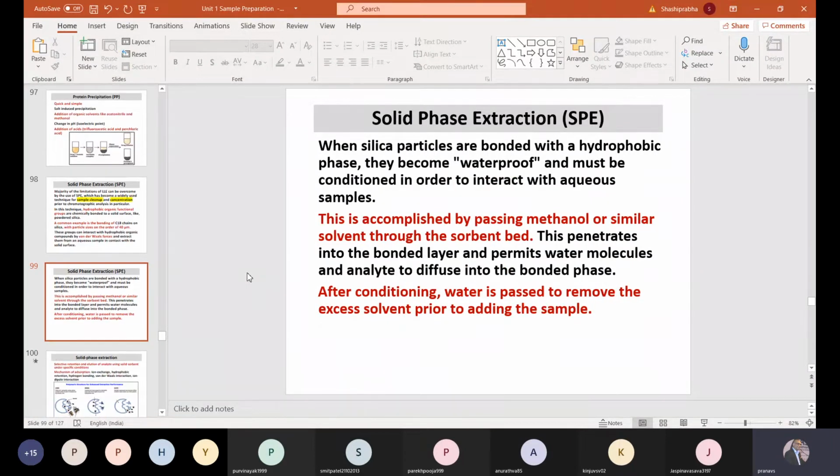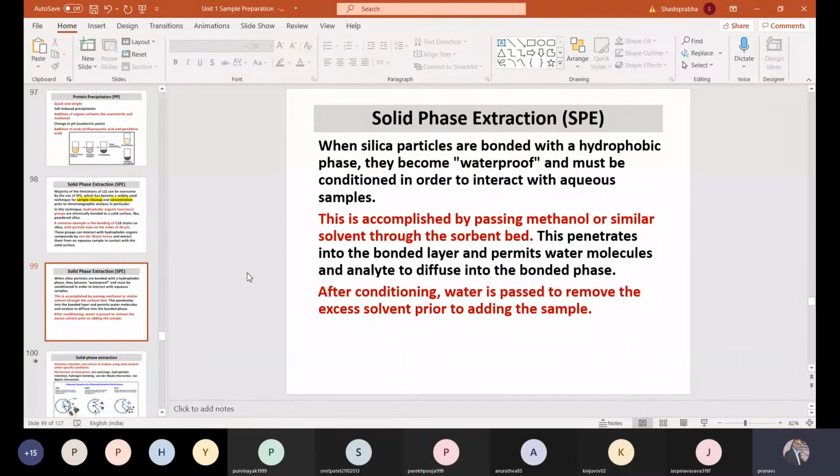Now, when silica is bonded with a hydrophobic phase, it becomes waterproof. It is no more affected by water. Otherwise, in water, it simply dissolves to some extent, so there is a problem of stability.